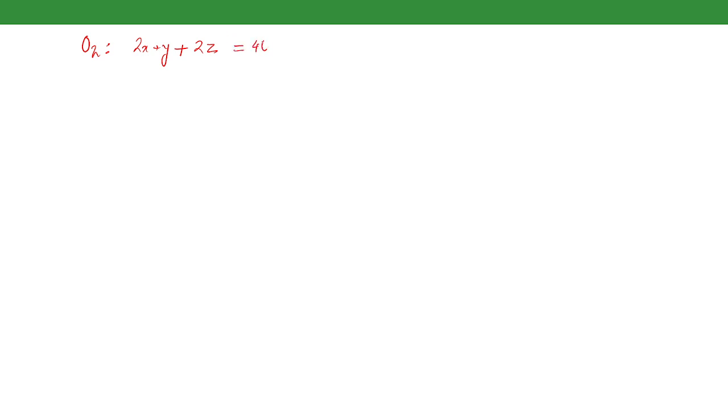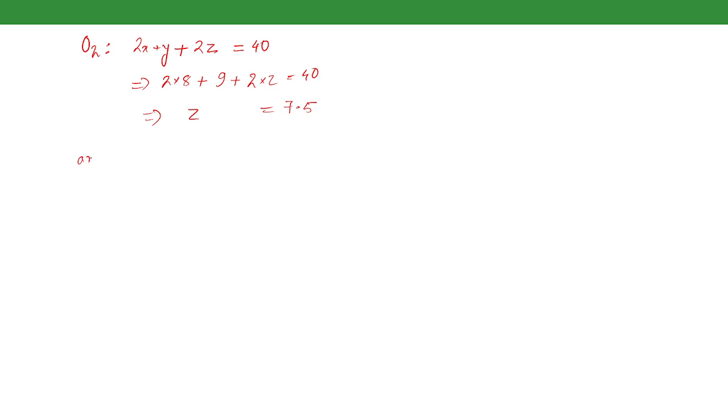Okay. 16 plus 9 plus 2 into z is equal to 40, so z is equal to 7.5.